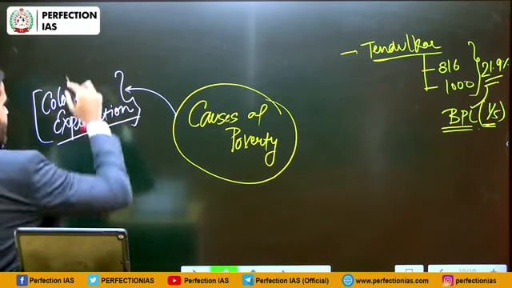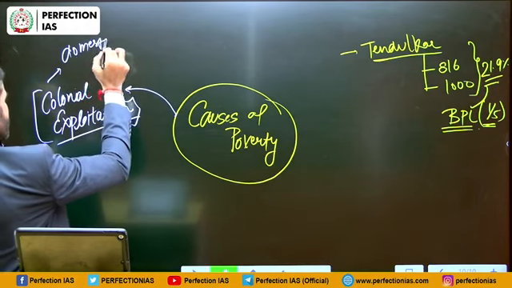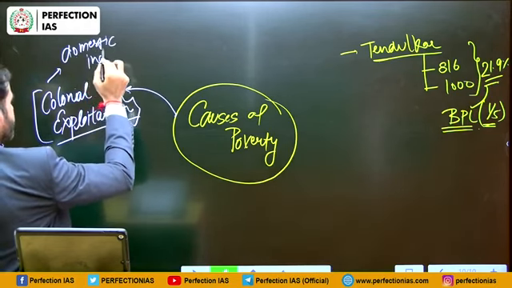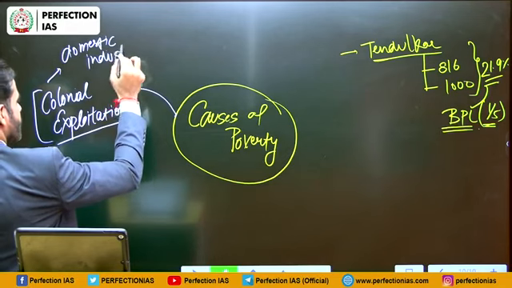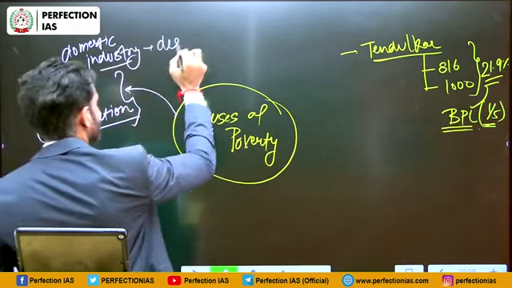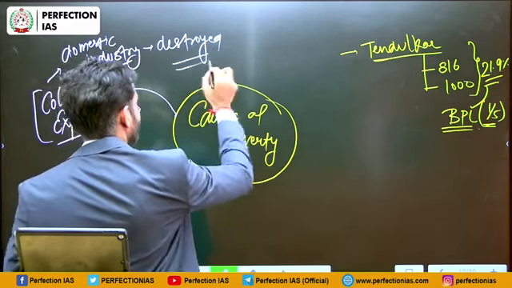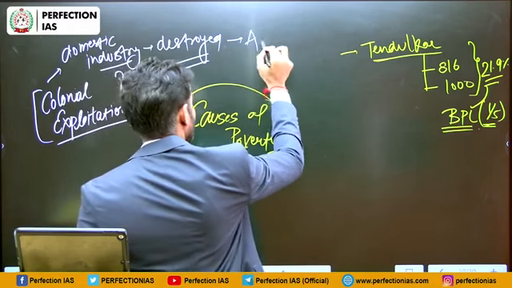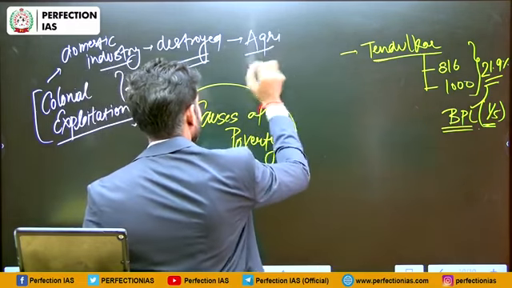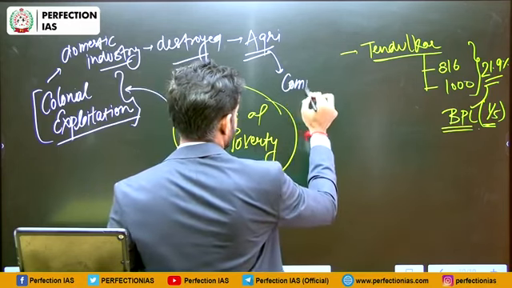That is why they destroyed the domestic industry of India. Domestic industry of India was destroyed and people were forced to move towards agriculture. The agriculture sector was commercialized.